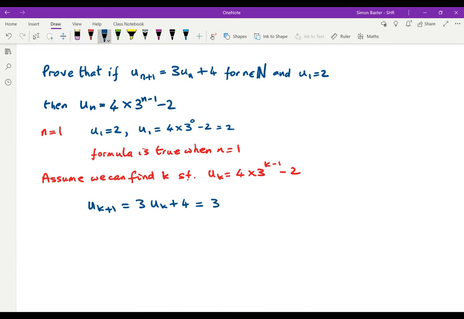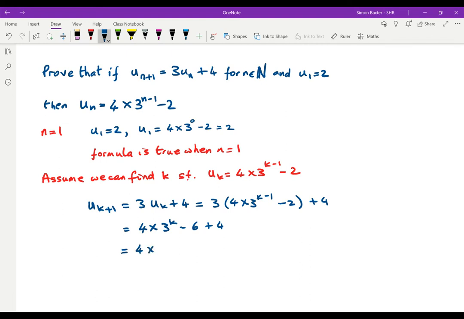So that is 3 times 4 times 3 to the k minus 1 minus 2, plus 4. Let's work that out. If we do 3 times 3 to the k minus 1, we will get 3 to the k. So I've got 4 times 3 to the k. 3 times 2 is 6, so it's minus 6, and then there's plus 4 at the end.